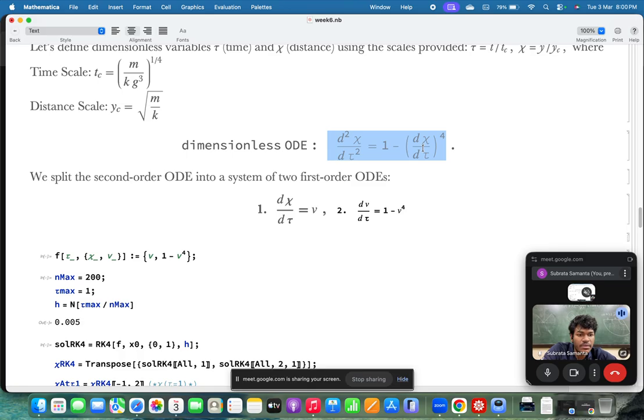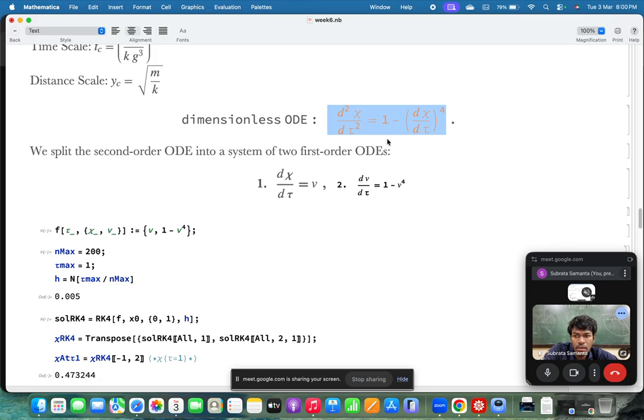This is the dimensionless form, where there are no constants, because all the constants I replaced in terms of dimensionless variables. Basically, define a time scale and length scale, and then you construct a dimensionless ODE.